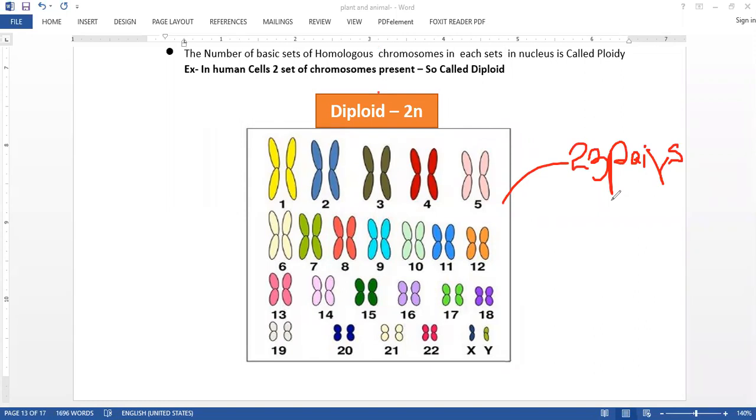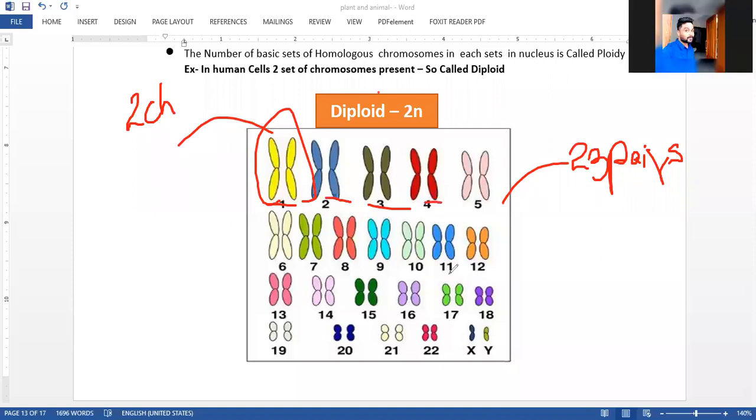Look, one pair. So in this set, how many chromosomes are present? One set, two chromosomes. Another set, two chromosomes. Another set, two chromosomes. In every set, the number of chromosomes present is 2.